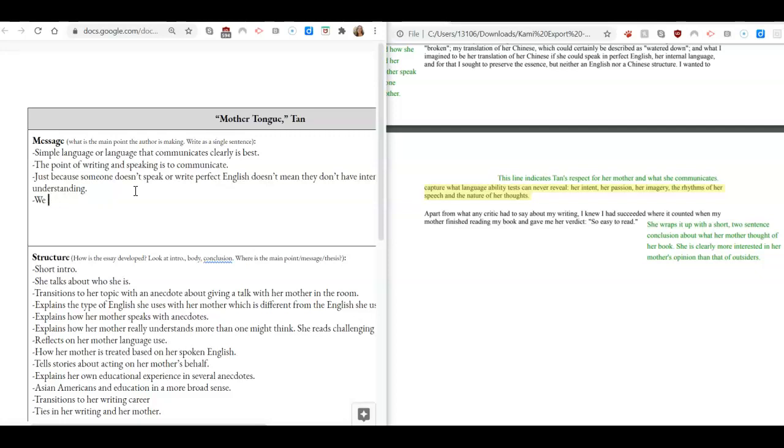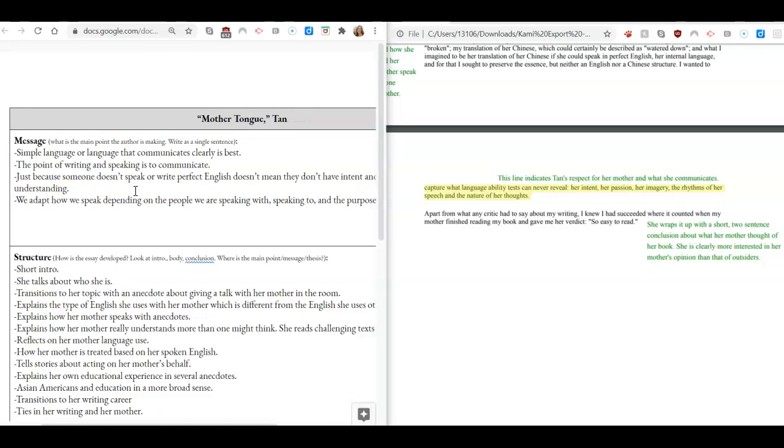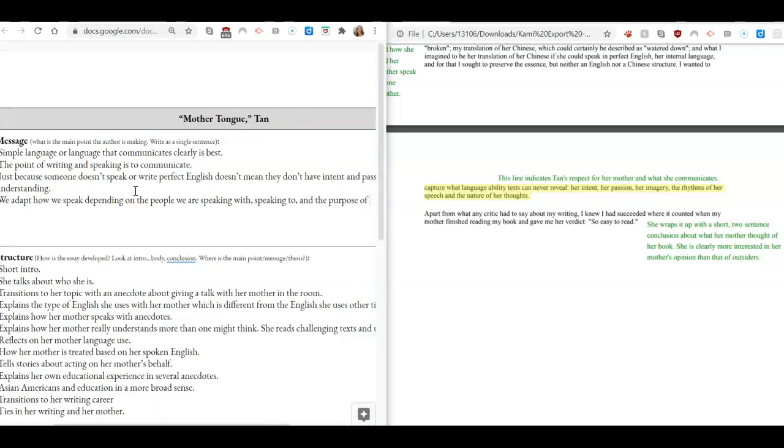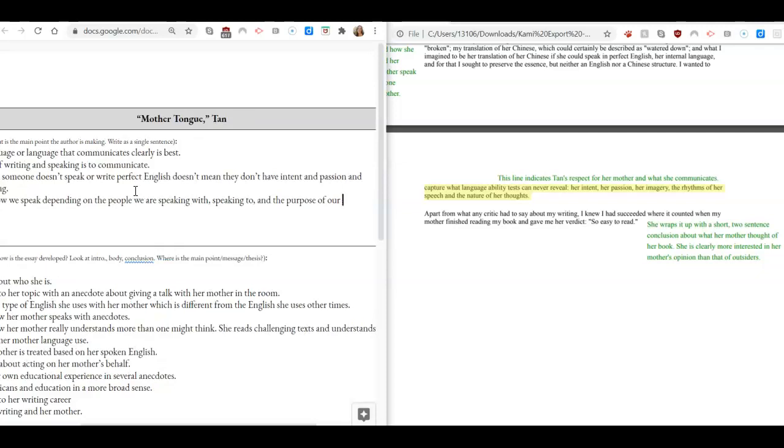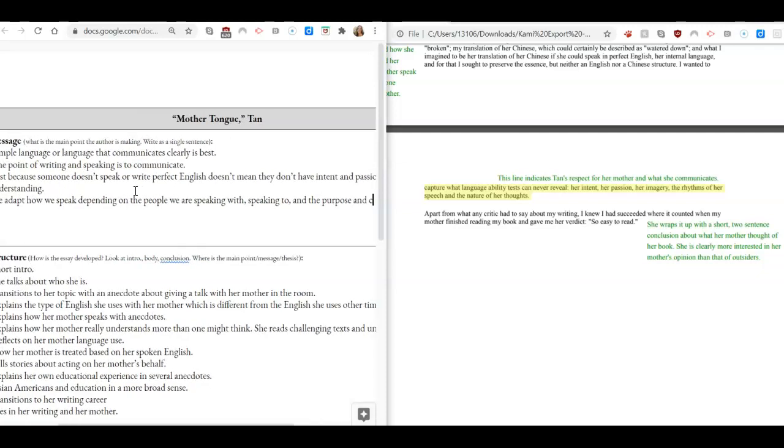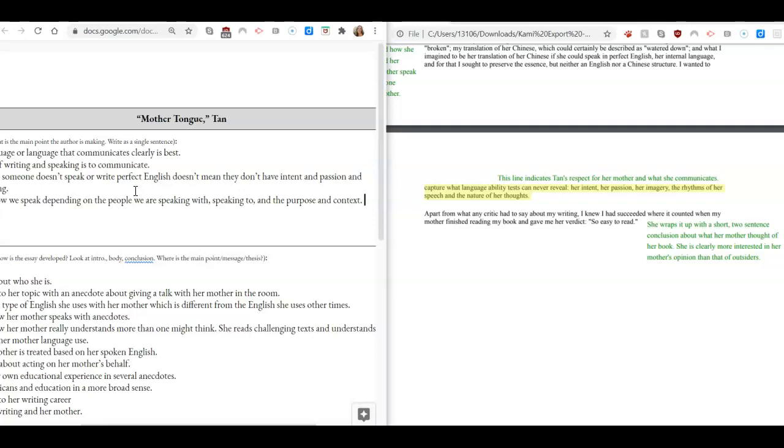We adapt how we speak depending on the people we are speaking with, speaking to, and the purpose of our speaking. The purpose and context. Okay? I like that one probably best. I think that's pretty good.